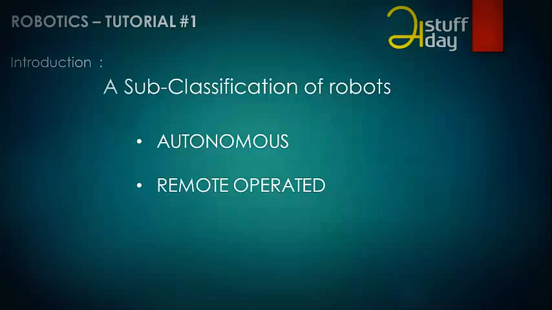They are independent from human control. While the remote operated robots are nothing but controlled directly by humans. They are either controlled by radio frequency or by a wire, but they do what the humans say.